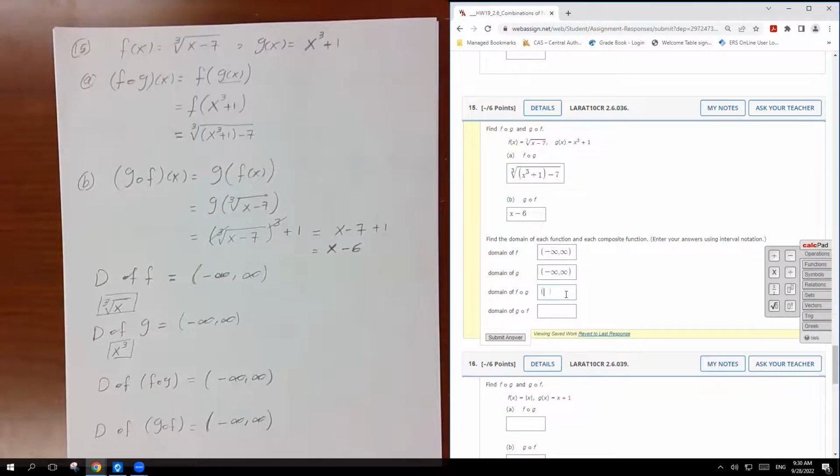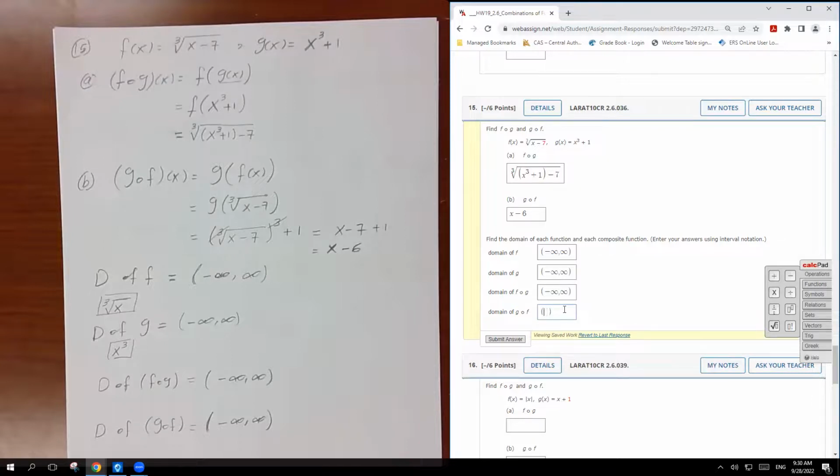And the same thing here, negative infinity to positive infinity. And the last one is negative infinity. Let's check the answer.